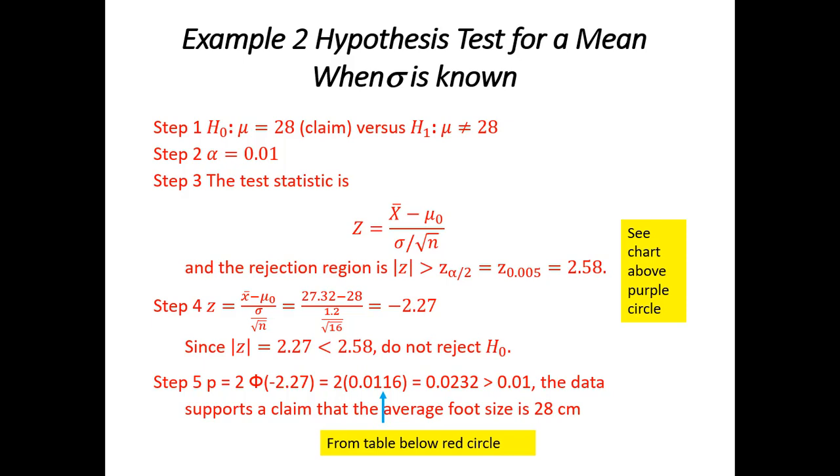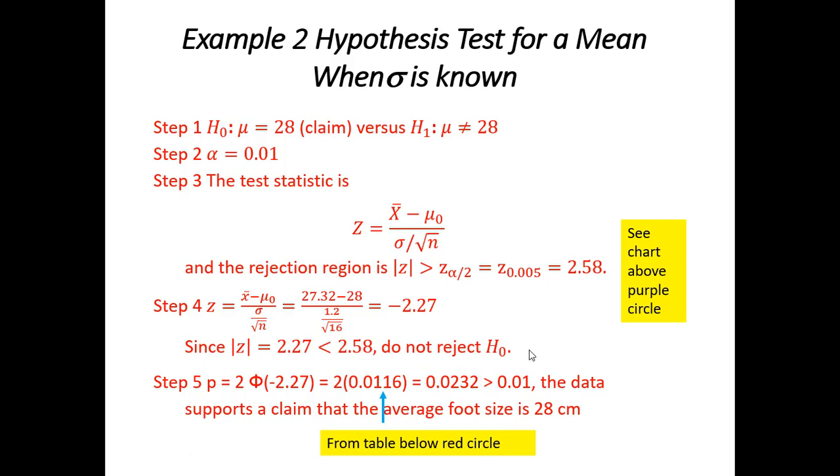Okay, so that's between minus 2.58 and a positive 2.58. So it's not in the critical region, right? We could also express this in terms of absolute values. The absolute value of z is 2.27. It's less than 2.58. So our statistical conclusion is do not reject the null hypothesis.